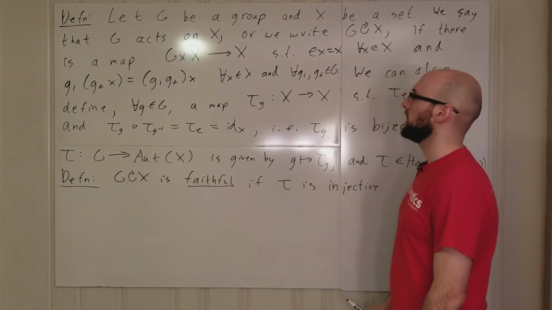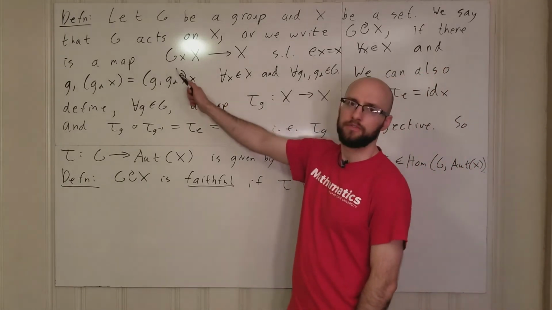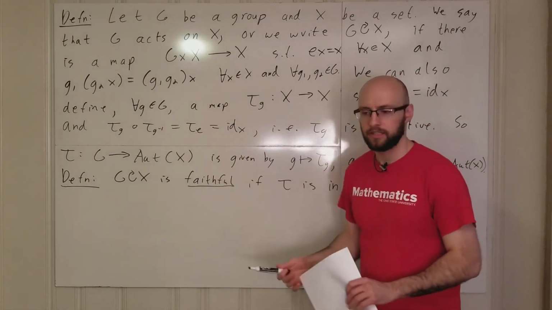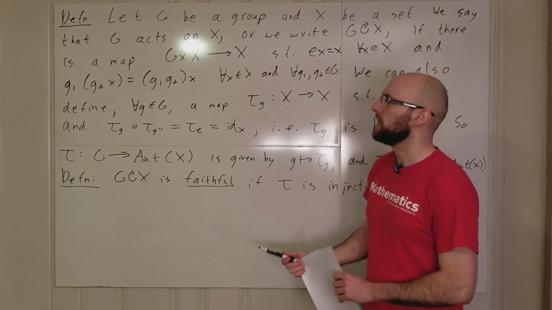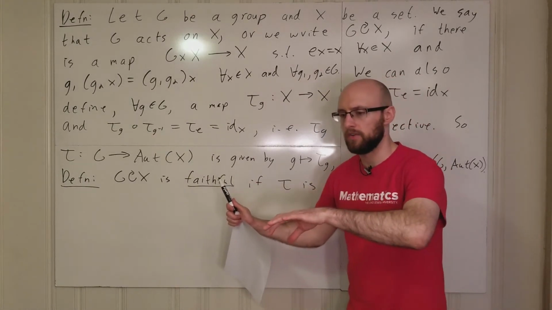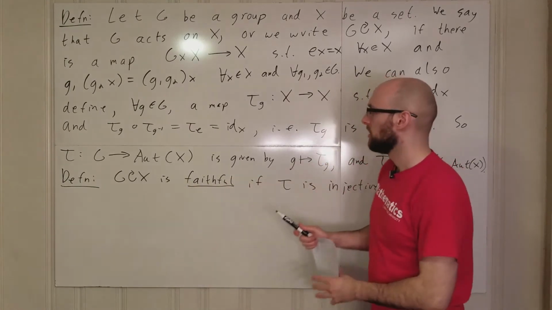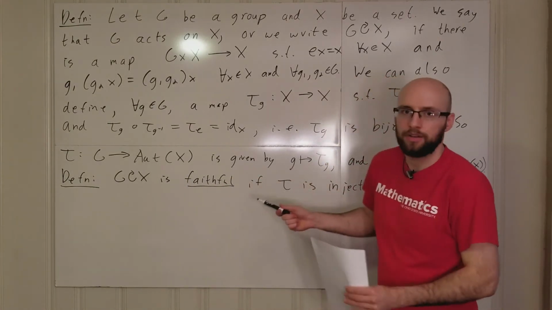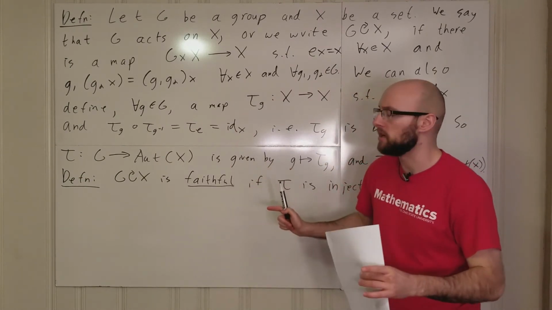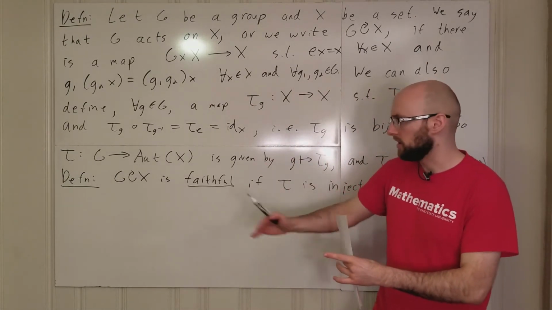But you can also think of it as: it's faithful if you take any two elements of G, they're not going to give you the same law of composition on X. So if you take g1 and g2, then you're going to be able to find some x such that g1 sends x to one thing and g2 sends x to another thing. If it so happens that you have two elements of G which are not equal, but such that they send every element of X to the same thing, then it's not faithful.